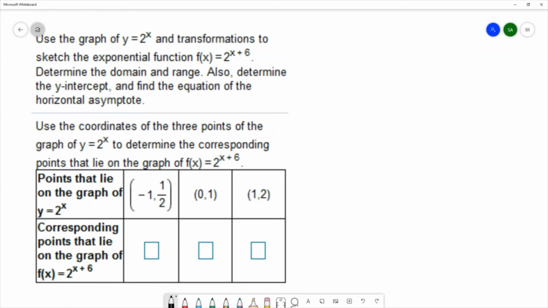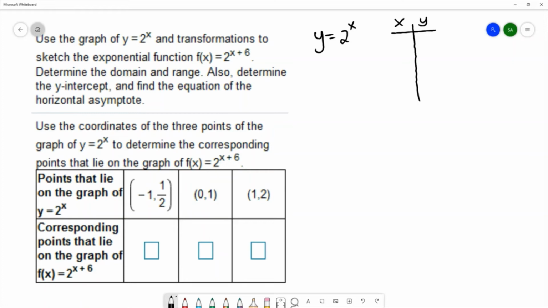So if we have the equation y equals 2 to the x, we can find ordered pairs that are on this graph by plotting points. I can make a chart of x's and y's and choose x values and find the y's that go with those x values.